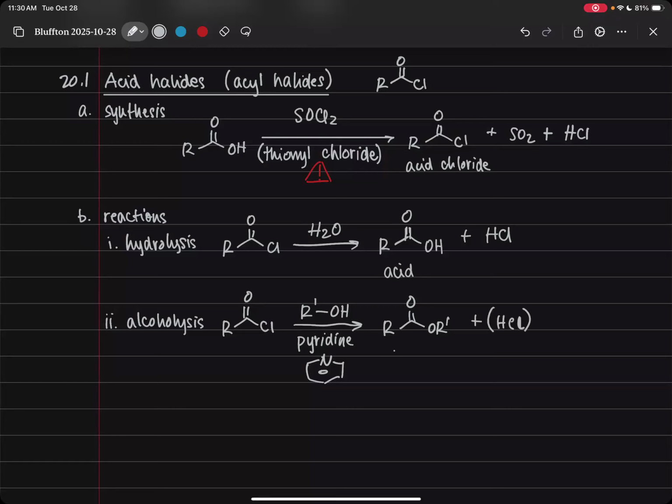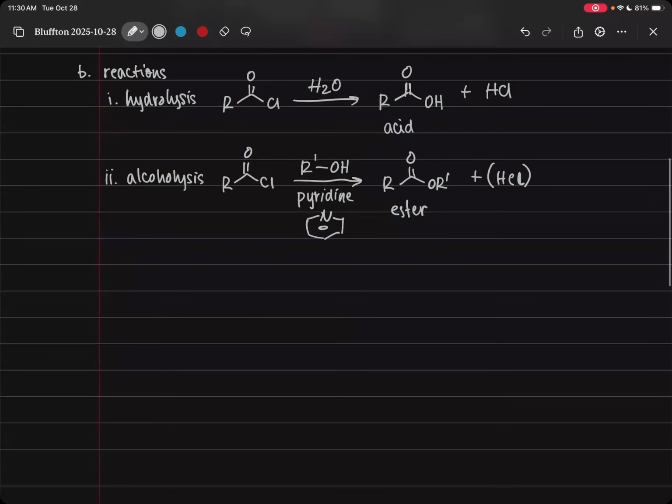And we get an ester. Okay, so finally, this is actually kind of useful because rather than just destroying our acid chloride that we worked so hard for, we can now use it to make an ester.